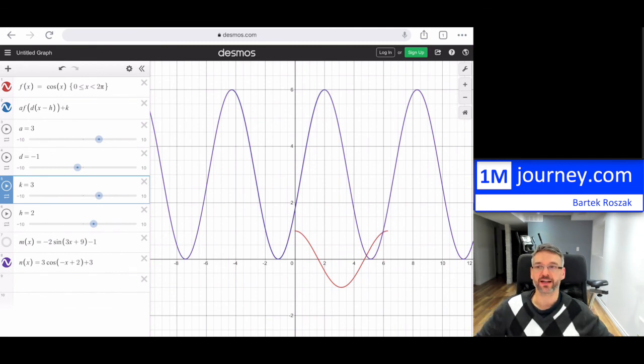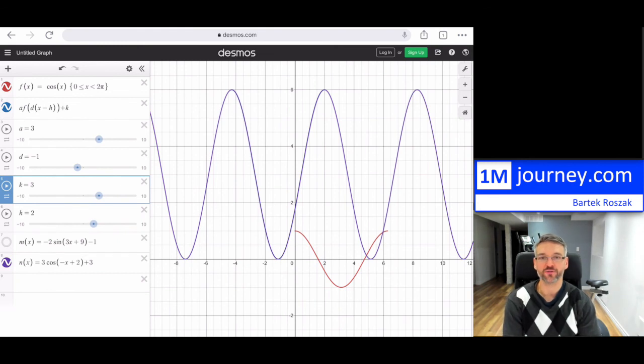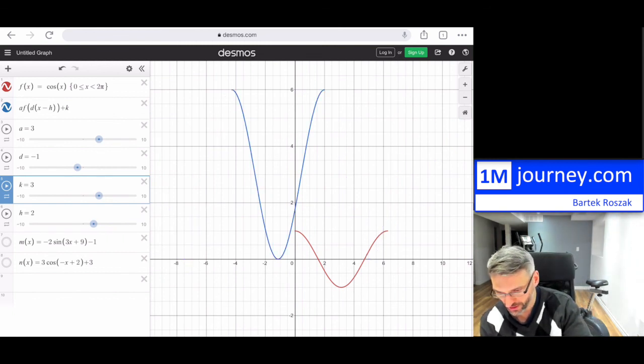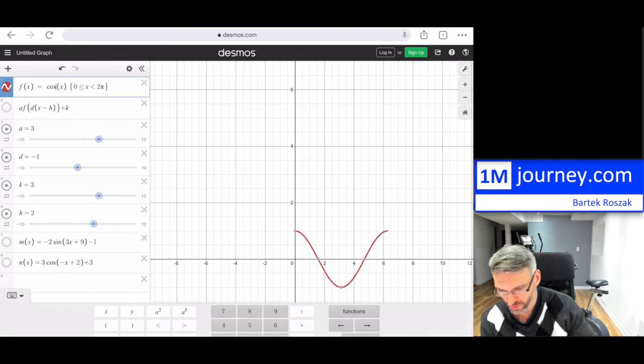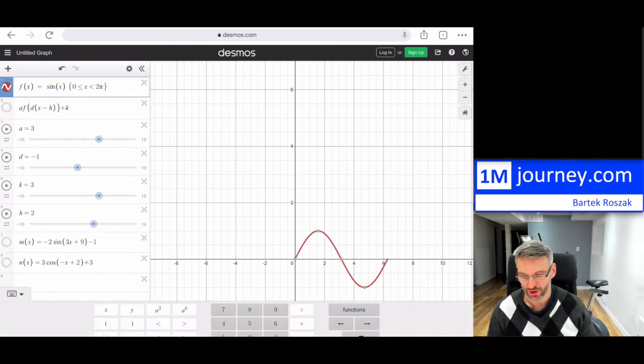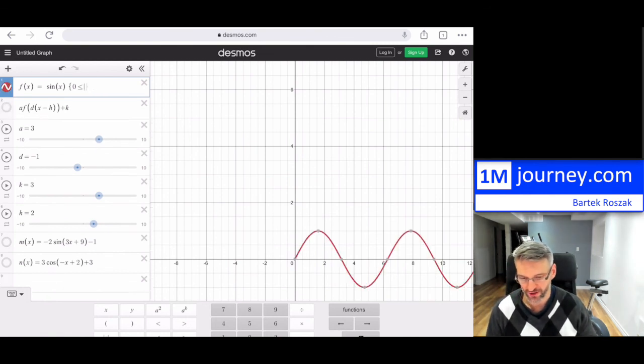Now, the last thing that I'll point out to you is that in all of this, cos really is just the transformation from sine, or vice versa. So if I started with sine, which looks like this, and now I'm going to remove the restrictions there, just so that we have our sine.